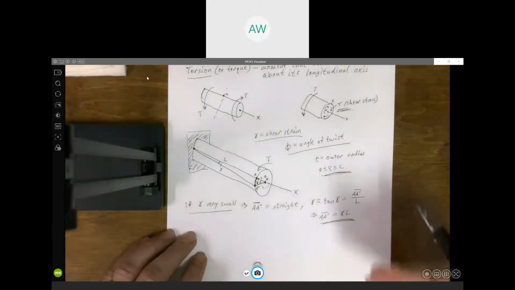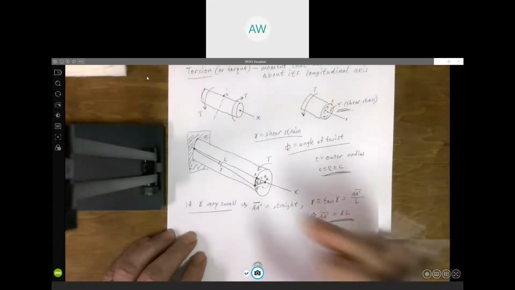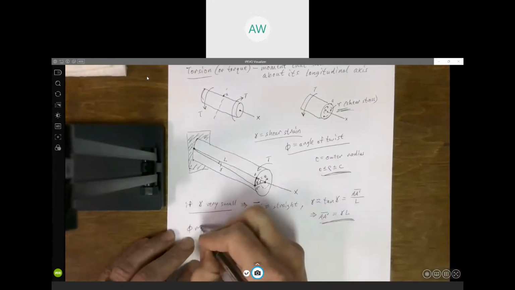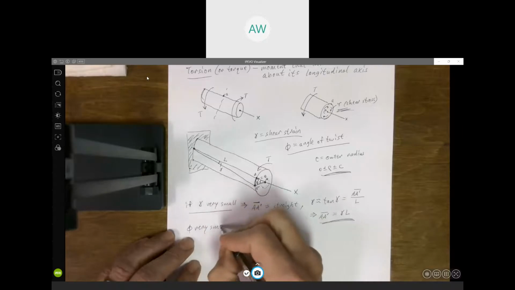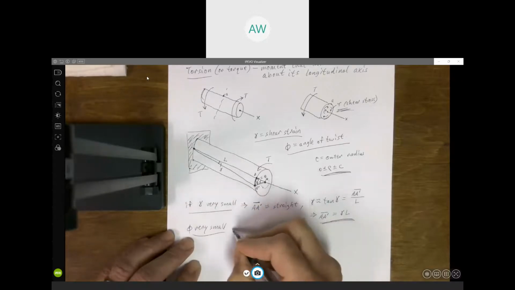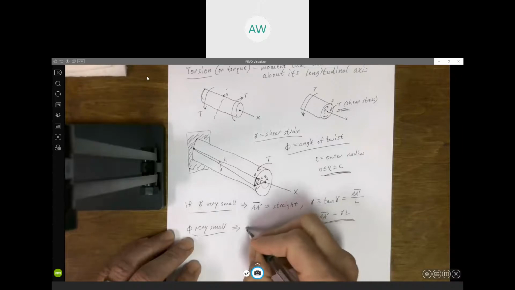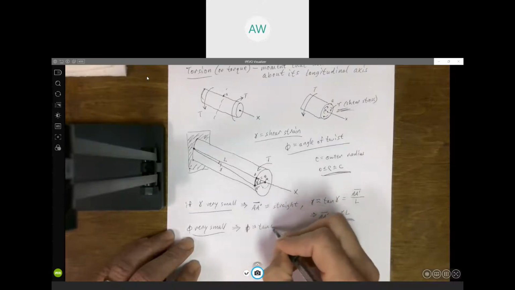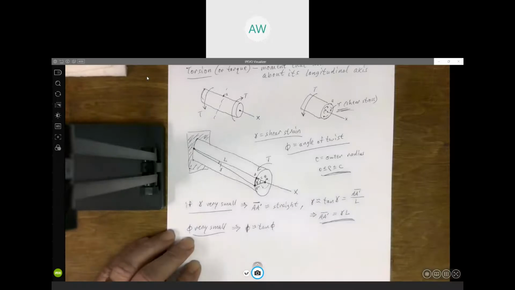But essentially now we're going to do the same thing, but we're going to look at the surface area. If phi is very small, then phi is essentially equal to the tangent of that angle phi.